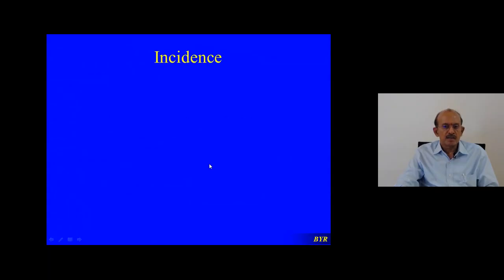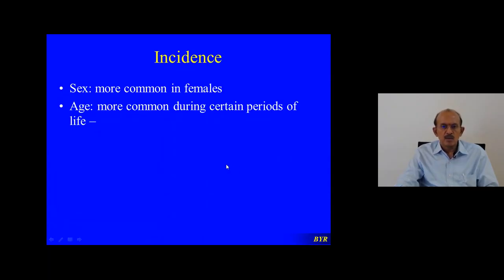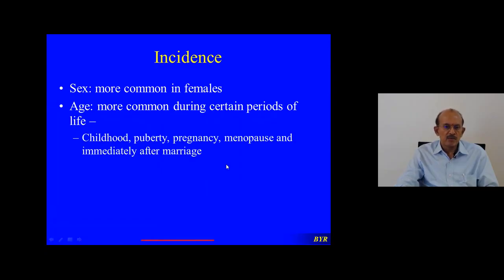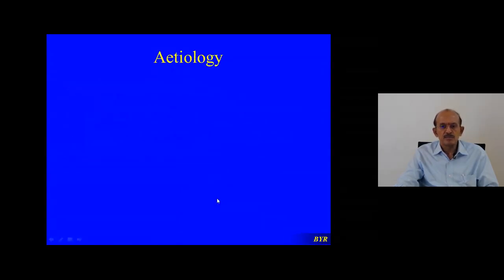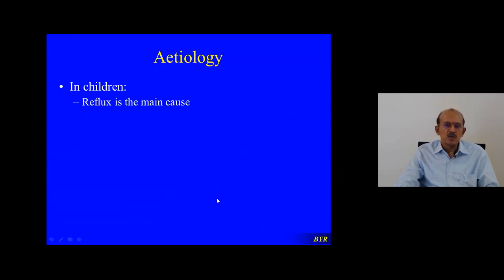Acute pyelonephritis is more common in females, more common during certain periods of life like childhood, puberty, pregnancy, menopause, and immediately after marriage. In children, it is mainly due to reflux. Reflux means, what is reflux?